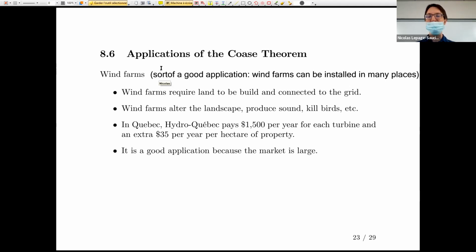So why am I saying sort of? Well, because on the other side, you have Hydro-Quebec. So you can have many small consortiums or like native Canadians, oh, Amérindien, or how do you say that in English?